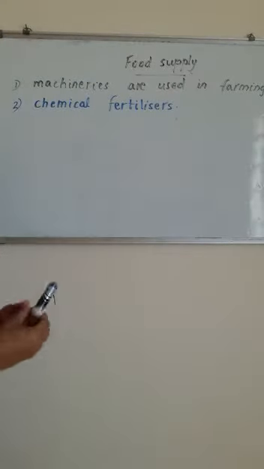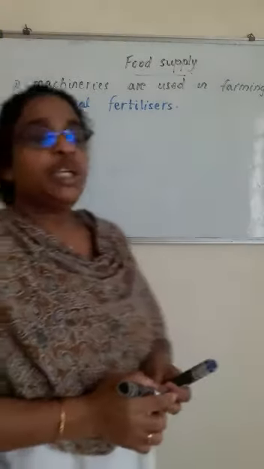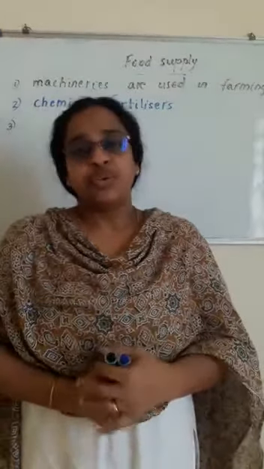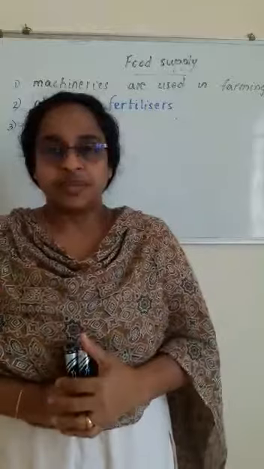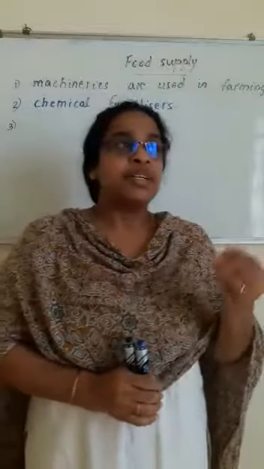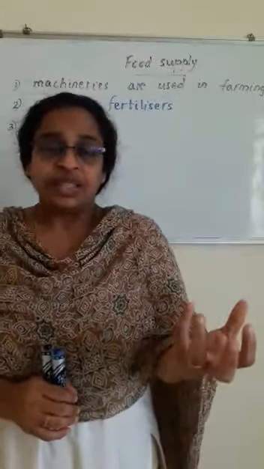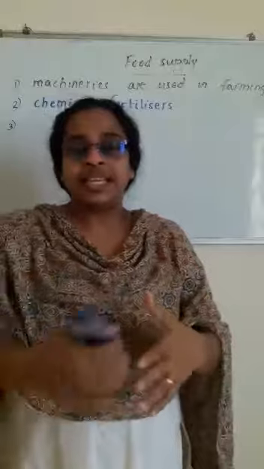Then the third one, we can say use of insecticides. Have you heard of insects, those who are harmful to the crops? There are some birds, some insects which retard the growth, and we will not get proper yield because of their attack.